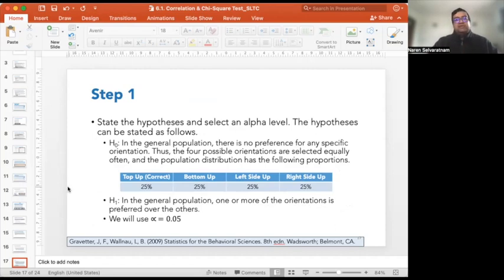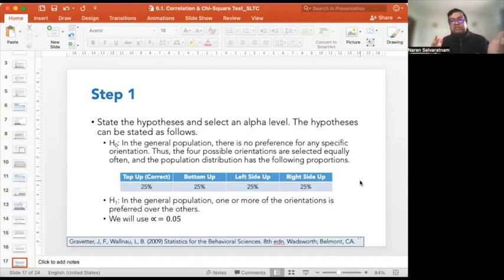The first step is to come up with our hypothesis and select our alpha level. So this is your null hypothesis, H0. In the general population, there is no preference. No preference means each choice is equally selected. So we are allocating 25% for each because we have four choices out of 100%.